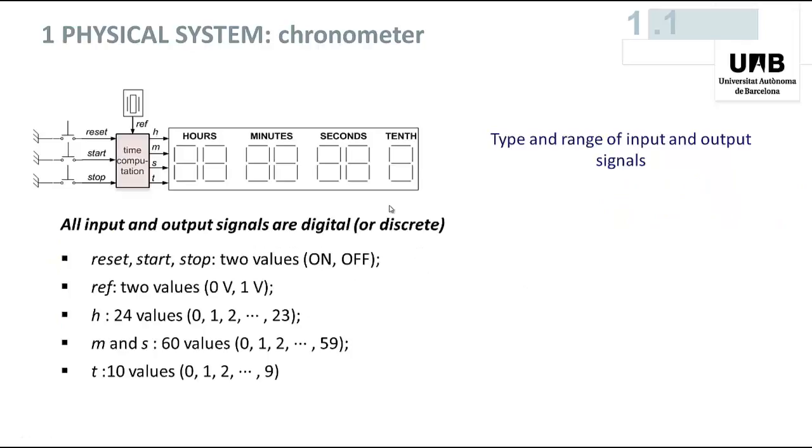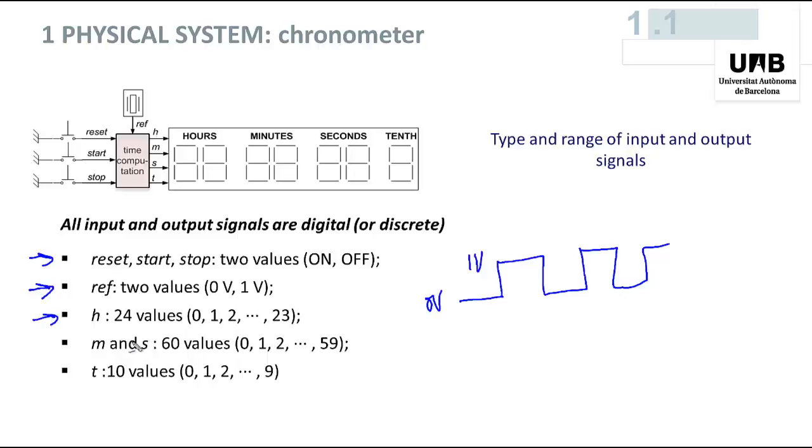What about the type and the range of this second example? In this case, all input and output signals are digital signals. Actually, reset, start, and stop are generated by a push-down button so that their values are on or off. The clock reference signal has only 2 values, 0 and 1 volt.